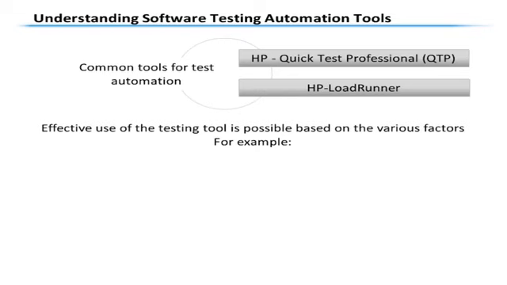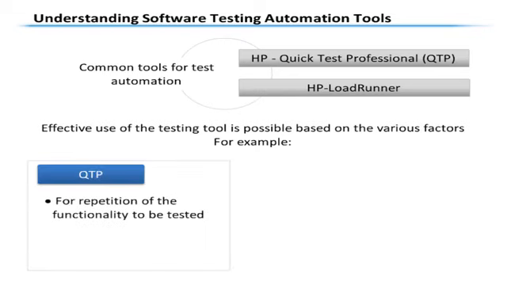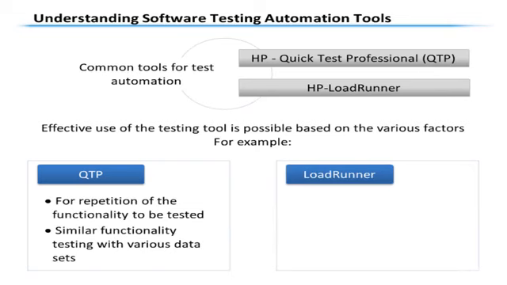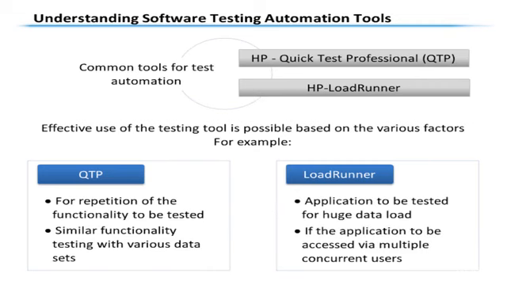For example, QTP can be effectively used when repetition of the functionality is to be tested. Also, QTP is extremely useful when similar functionality needs to be tested within different data sets. Now, LoadRunner is used when an application is to be tested for huge data loads, and if the application is to be accessed by multiple concurrent users, users at the same time. It's important to use the correct testing tool for the testing scenario.